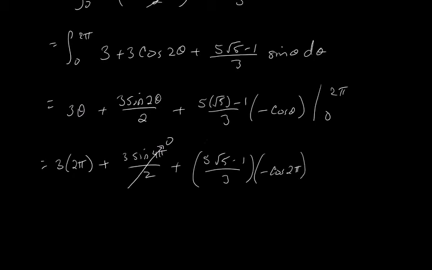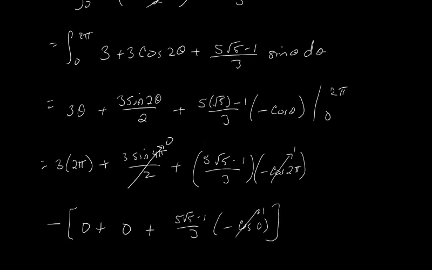Cosine of 2 pi is positive 1, so this goes to negative 1 minus 1. Okay, and then we plug in our 0: 0 minus 0 plus sine of 0 is 0, plus 5 root 5 minus 1 over 3 times negative cosine of 0, which is again 1.